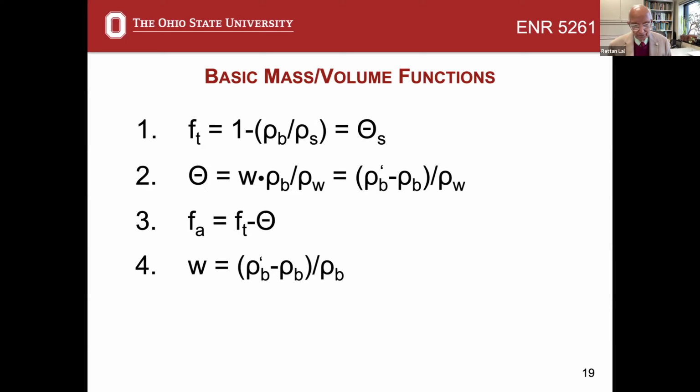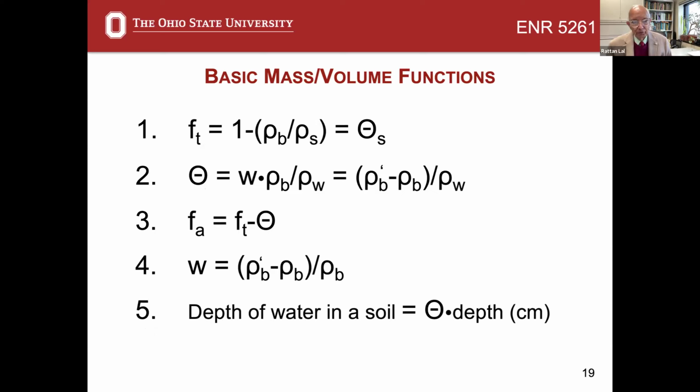That's another equation which is very handy. And finally, depth of water in a soil. That is volumetric water content, as a ratio, times the depth of the soil itself in centimeters. It gives you the equivalent depth of water in the soil.